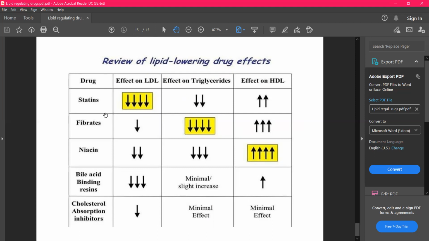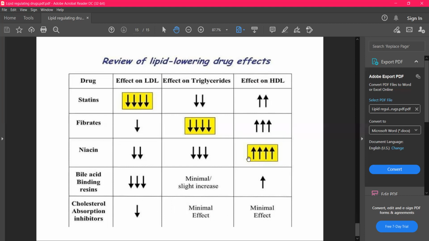And fibrates, as you can see, mainly reduce triacylglyceride levels, and niacin increases HDL levels. Even though it's not that famous now, you need to know it because it's targeted for HDL specifically.